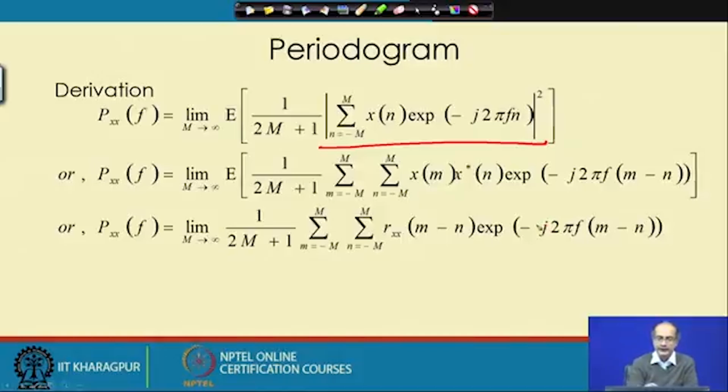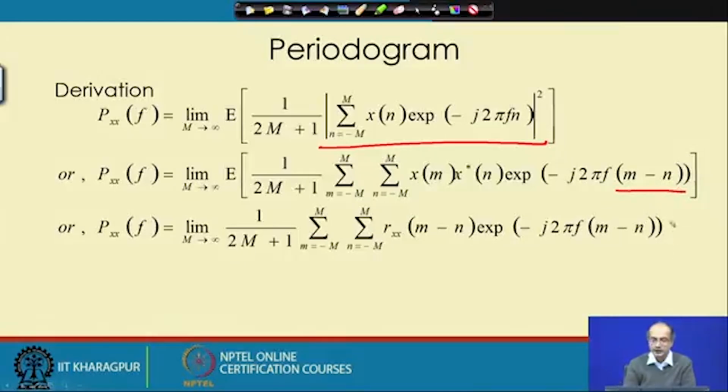So, we take the conjugate of the same expression, and just to make sure that two indices do not get mixed up, we take the two summations with two indices, one with small m, another with small n, and one of them gets conjugated here, x conjugate n, and because of the conjugation we get in the exponential term one term called m minus n.